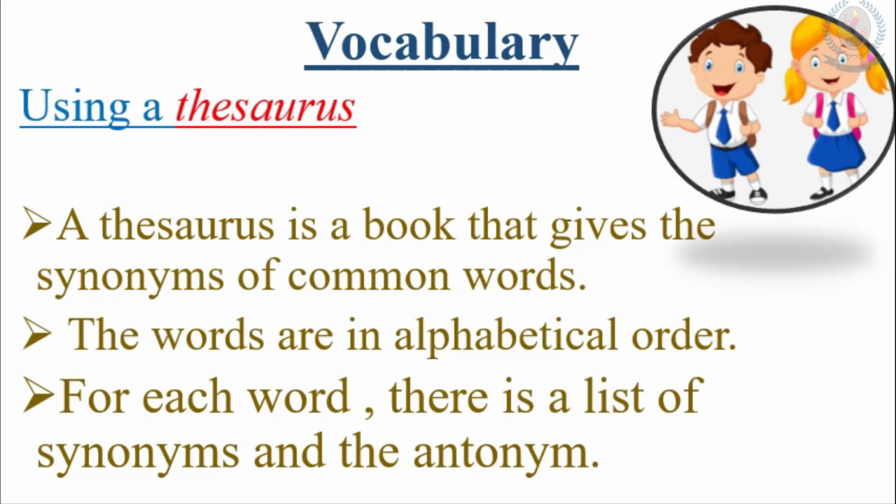You know, in the dictionary also you can find the words in alphabetical order. For each word there is a list of synonyms and antonyms. What is the meaning of synonyms? Synonyms means having the same meaning as another word or phrase in the same language. Antonym means a word opposite in meaning to another.